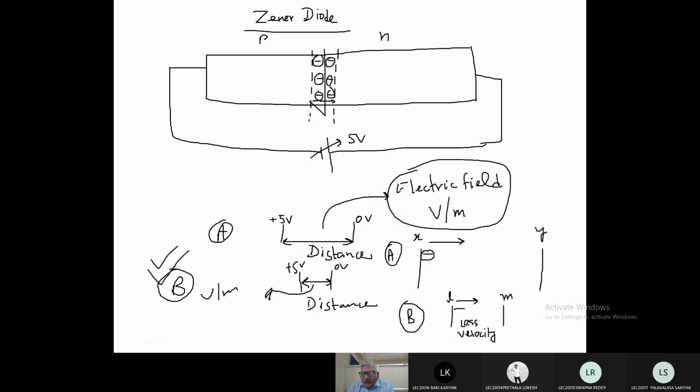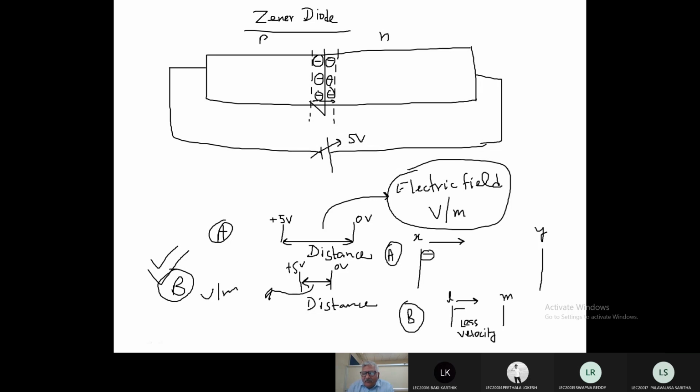Okay? And once the covalent bond breaks, you will find again a large amount of free electrons available. And if a large amount of free electrons are available, then more current will flow. So this is called Zener breakdown.